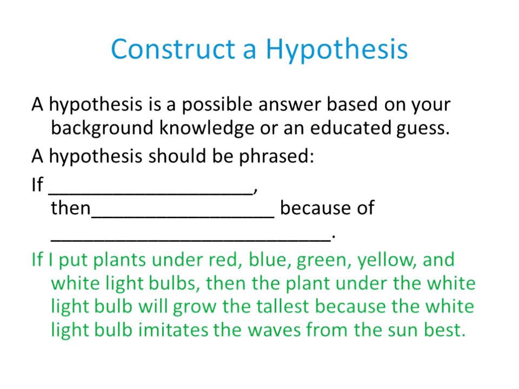Third step is to construct a hypothesis. A hypothesis, guys, we've heard that probably since almost kindergarten or first grade. We know what a hypothesis is. It's a possible answer based on your background knowledge, an educated guess.